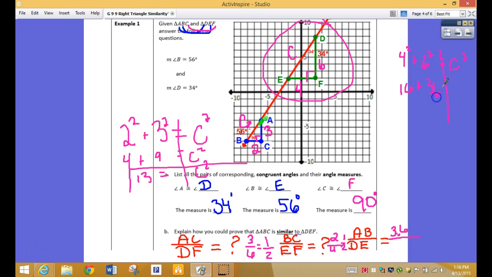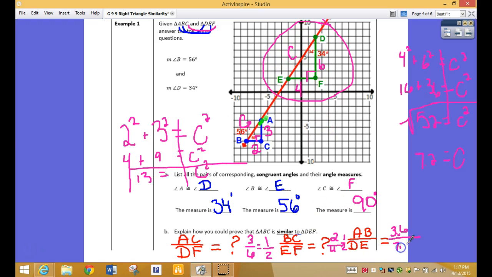Nice. 36 equals C squared. 16 plus 36 is 52 equals C squared. And now I have to find what? The square root of that. So the square root of C squared is C. What's the square root of 52? 7.2. So we have 3.6, and now DE, we know that is 7.2.